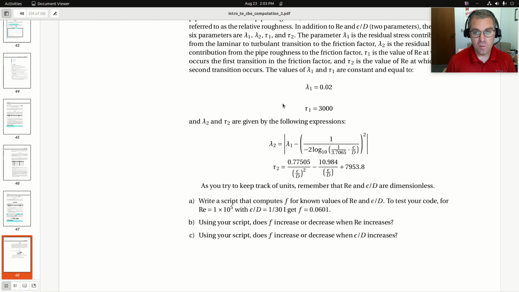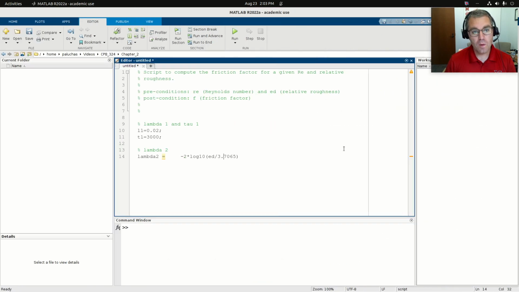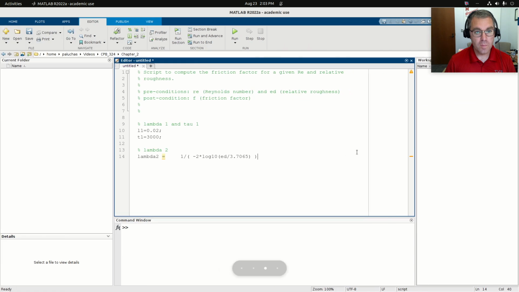Okay, cool. And so that's this term. Now this term in parentheses is 1 divided by that. So it's 1 divided by this, and just to be certain, I'm going to put that denominator in parentheses. It's 1 divided by that, and that all squared.